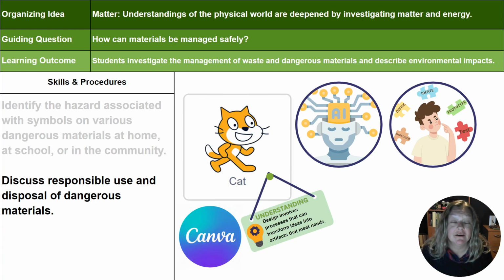And in particular, if they have used it previously in a younger grade or you've been using it with them, they could certainly come up with some type of Scratch game that would demonstrate responsible use and disposal. They could build on the previous garbage game with the different recycling bins and put in some different sprites to really talk about that responsible disposal as well.